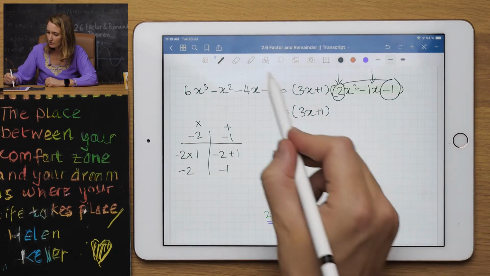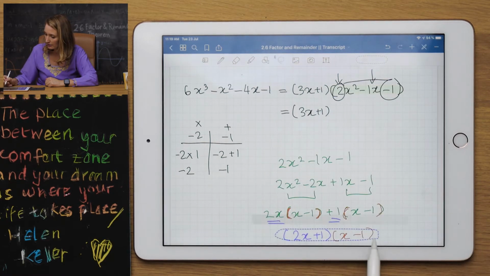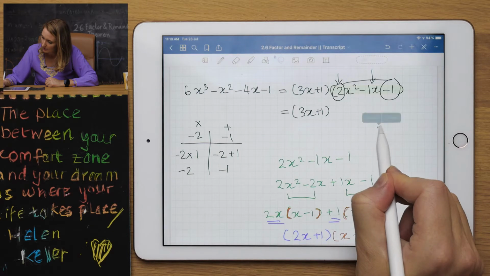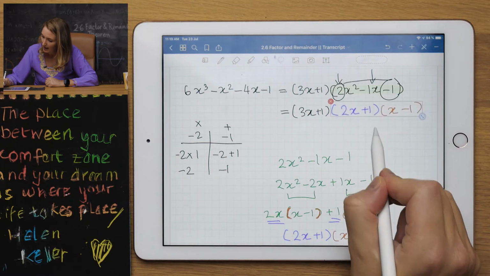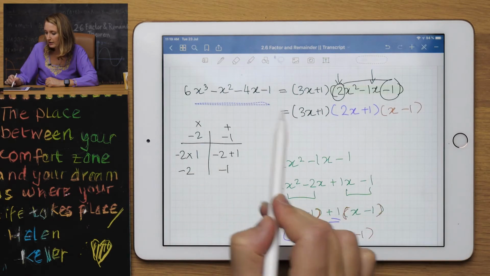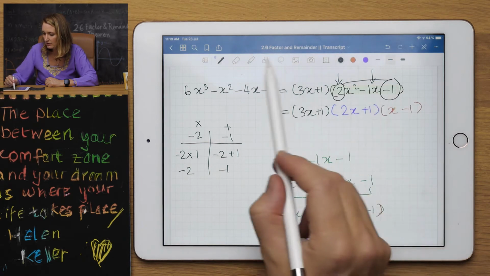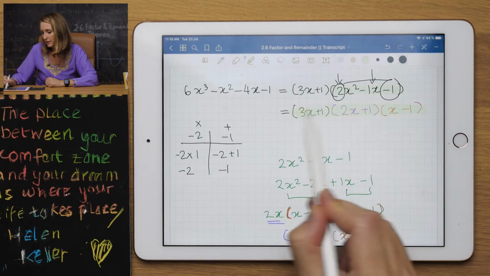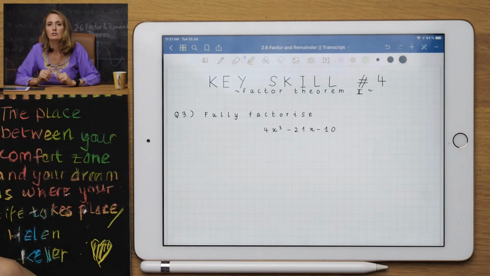Then we substitute these two in here. And now we have our fully factorized cubic equation.